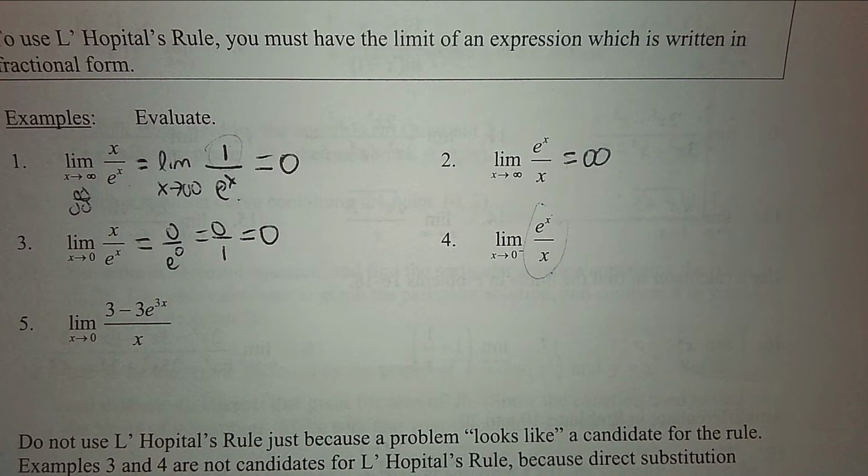This one's actually undefined because it's 1 over 0, not L'Hopital's rule. L'Hopital's rule is 0 over 0 or infinity over infinity, positive or negative. If it's 1 over 0, not L'Hopital's rule. So what's another way I can get the answer? Use your calculator. Why not? You could also graph it or do a table of values, and see what's happening as you're putting in smaller negative numbers approaching 0.